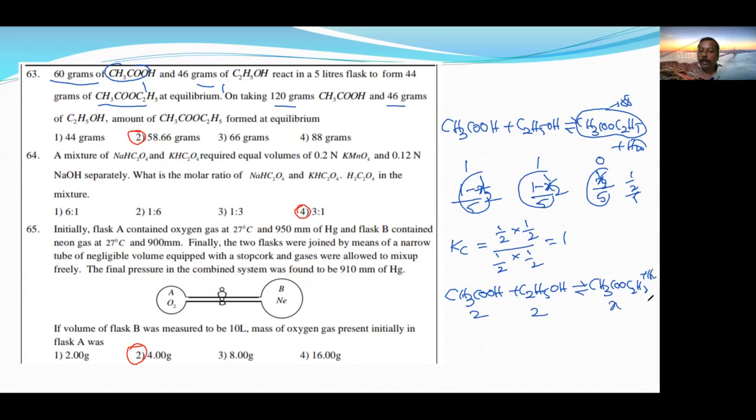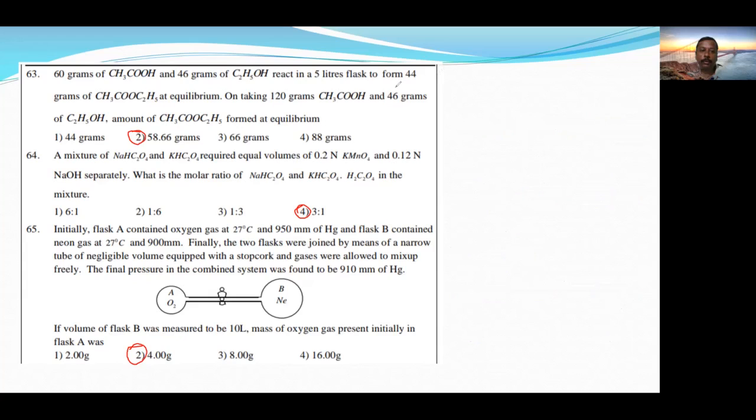Okay, X and X. Initially it will be 0 and 0, then 2 minus x, 2 minus x, x and x. Once you put it here, you will get the x value. I think you can solve by simplifying. I am getting 58.66. Take a screenshot. Taken. Let's move on to the next question.